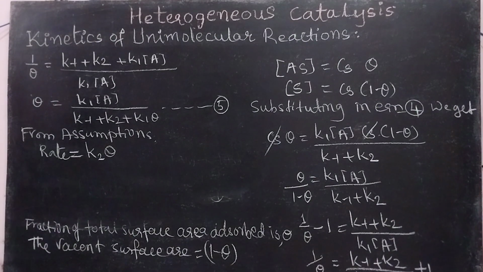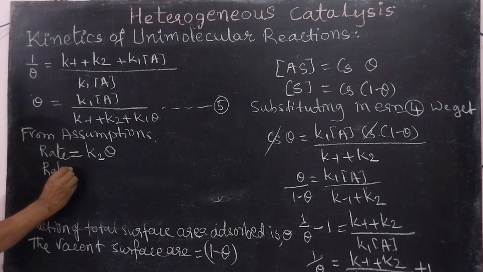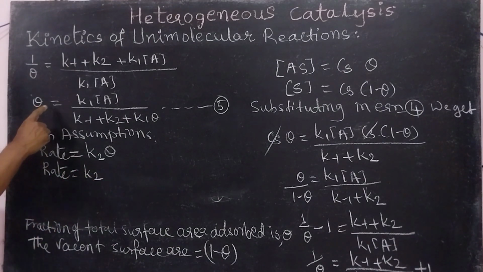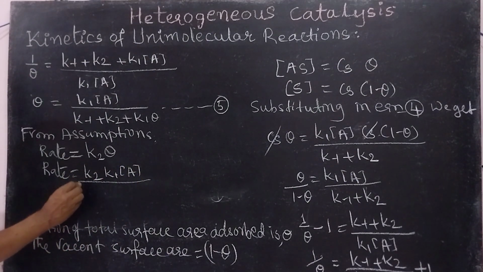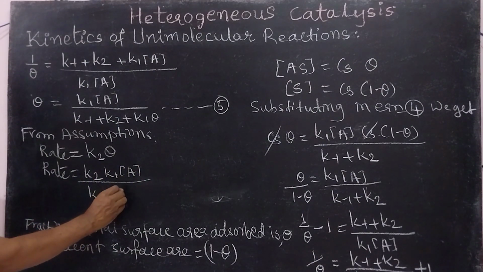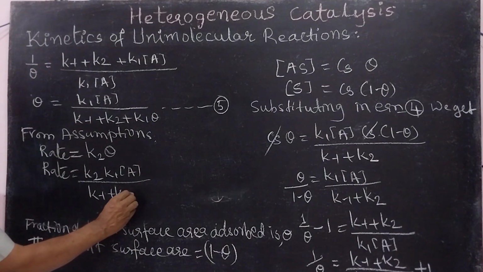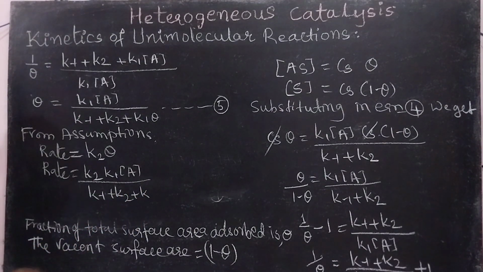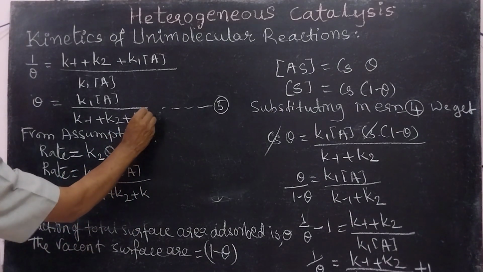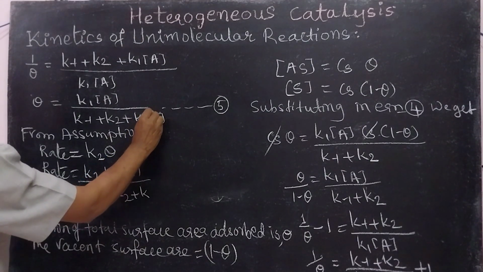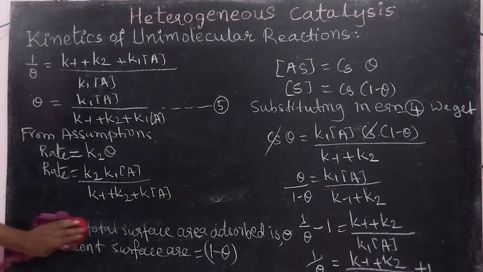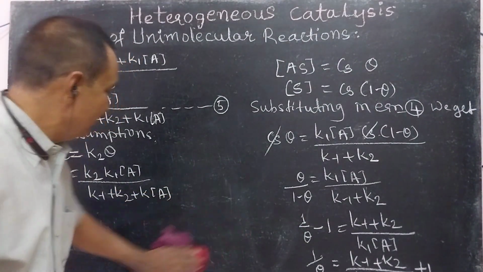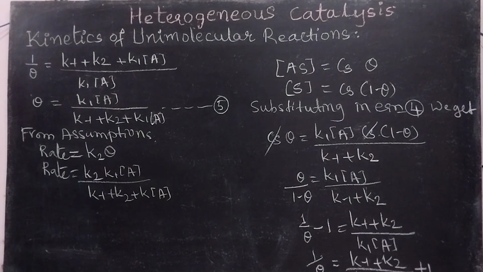Thus we get rate equal to K2 into theta, that is K1 into concentration of A divided by K minus 1 plus K2 plus K1 into A. This is K1 into A. We get this equation. This is the expression for the rate of the unimolecular adsorption.